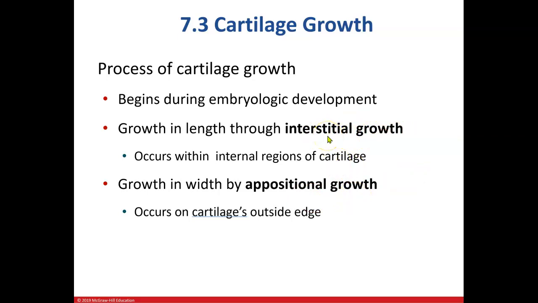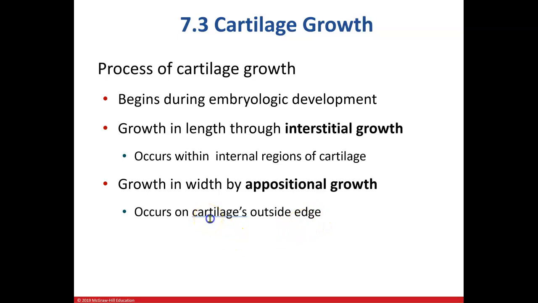Interstitial growth is growth from within, right? Growth from within. It occurs on the inside of existing cartilage. Appositional growth is growth from without, on the outside, and so that's going to occur on the outside edge of existing cartilage.